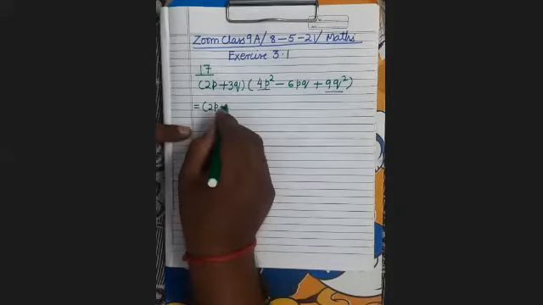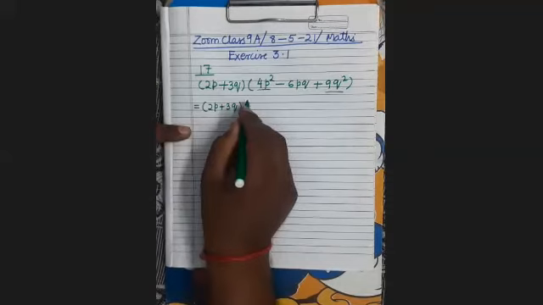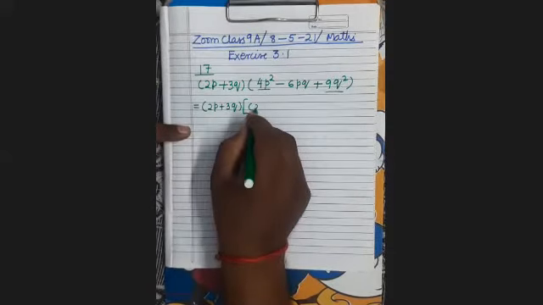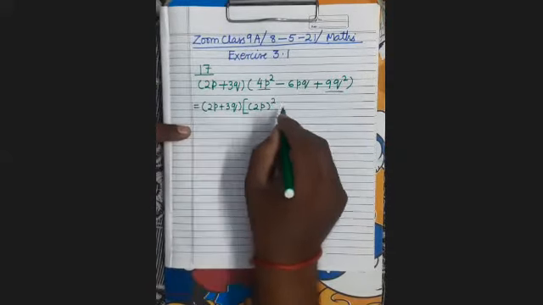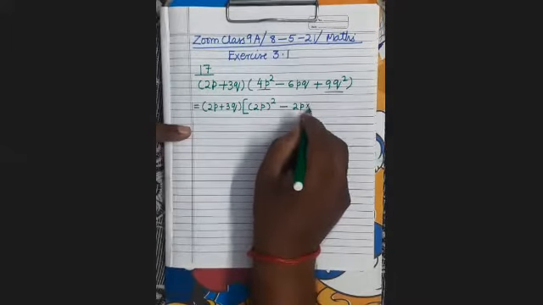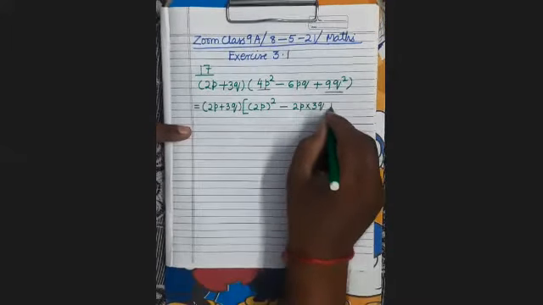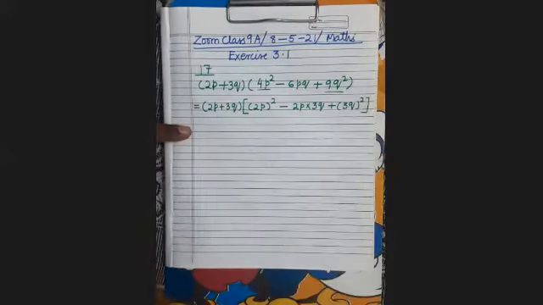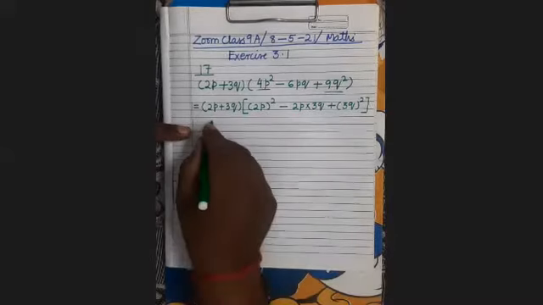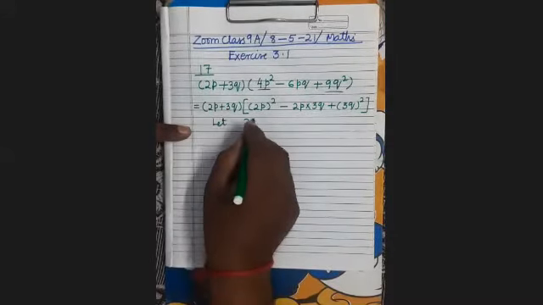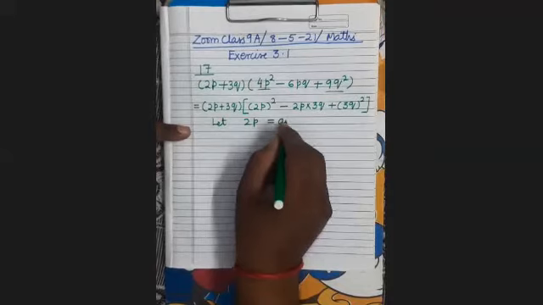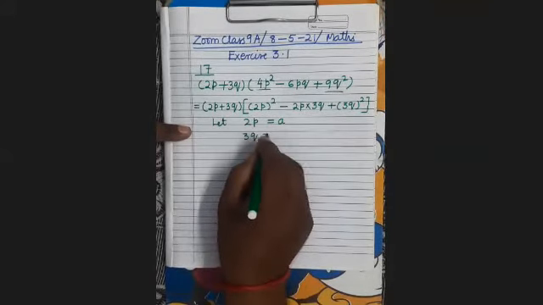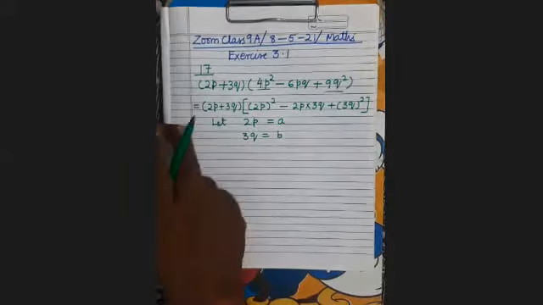2p plus 3q. And in the other bracket, we will write 2p whole square, this is 2p into 3q, and this is 3q whole square. Now you take 2p equals to A and 3q equals to B. Put here.